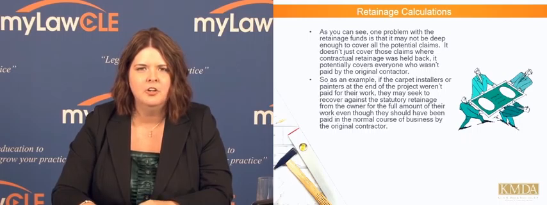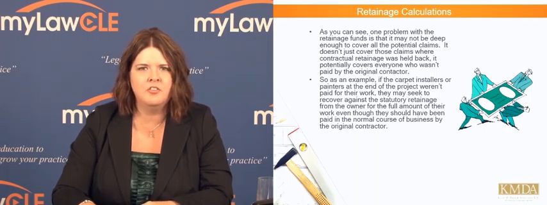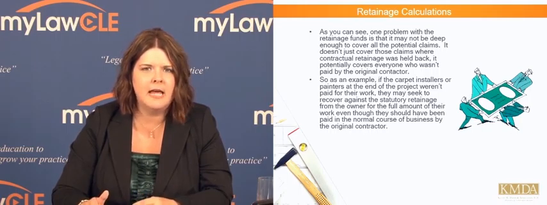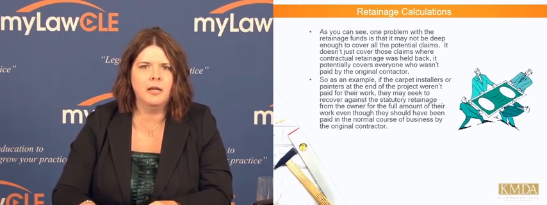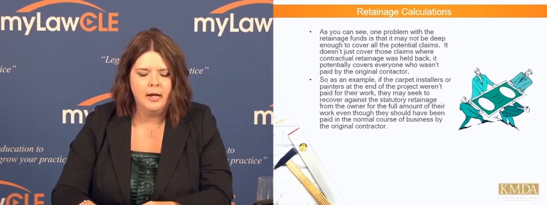You'll have to look at your rule, but usually the rule doesn't say you have to send them a file-stamped copy of it. It just says that you have to send them a copy of the lien. So we send it at the same time as a CC to our lien. That way we're not forgetting to send it. Don't send it late, and don't, like I said, not send it at all.